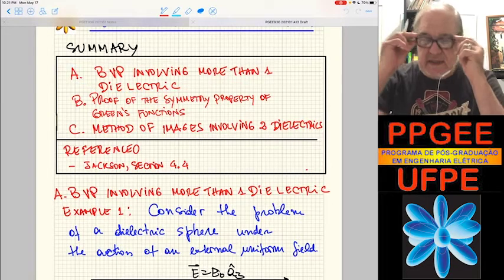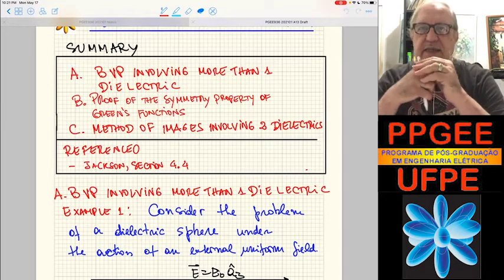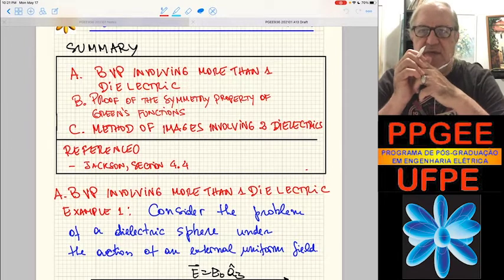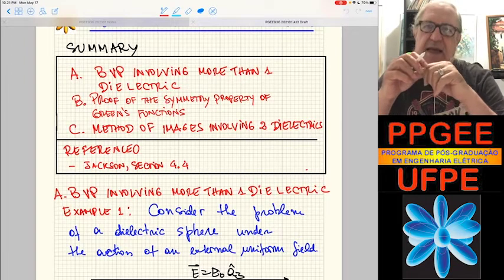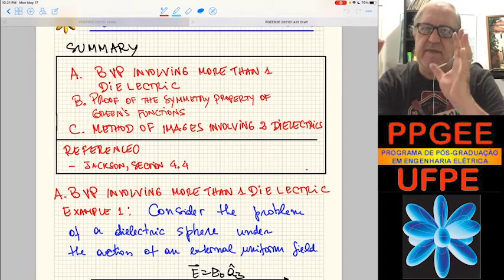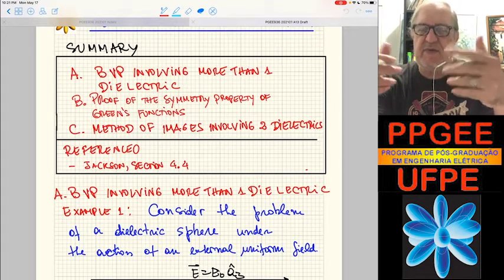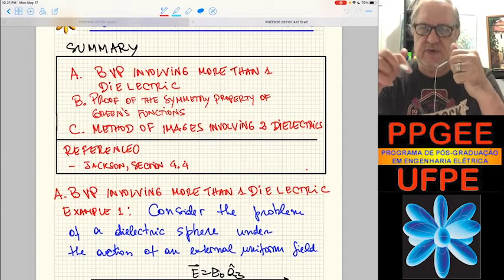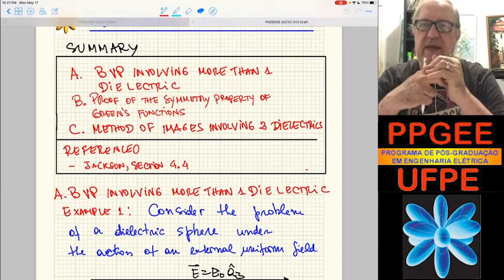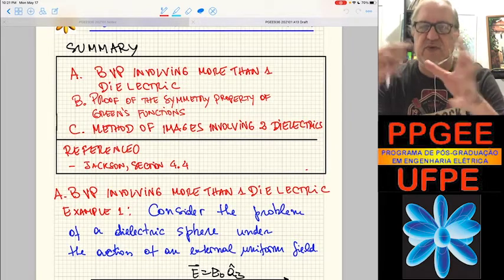We have been using in a number of situations the symmetry property of the Green's function. We are not obliged to use the symmetry property to solve the problems. I'm going to show you today that we can avoid using that property to solve a problem.